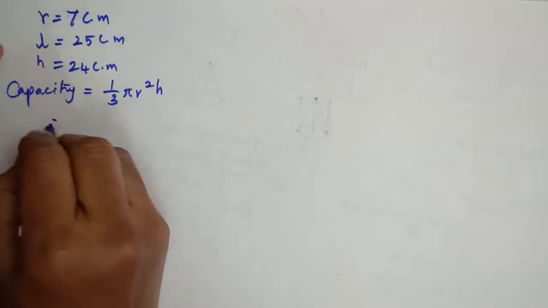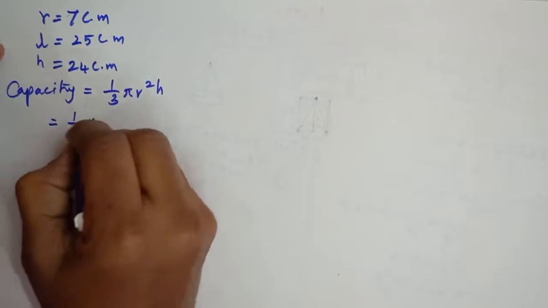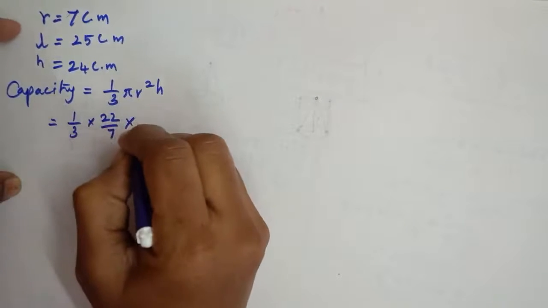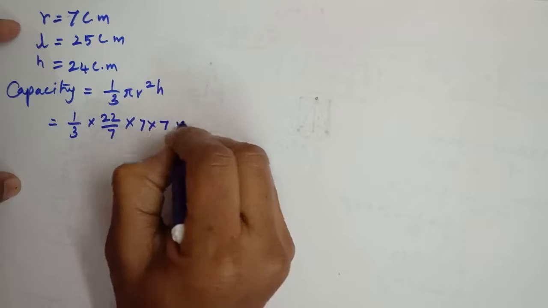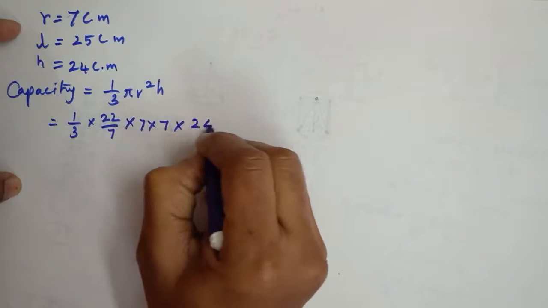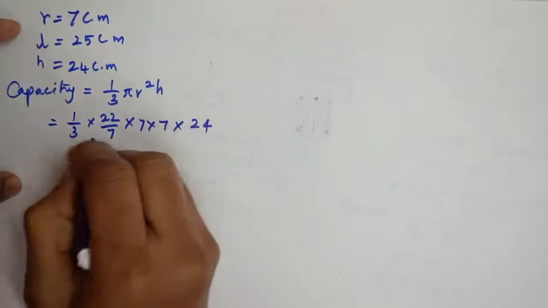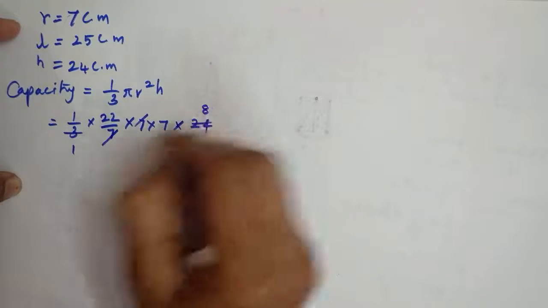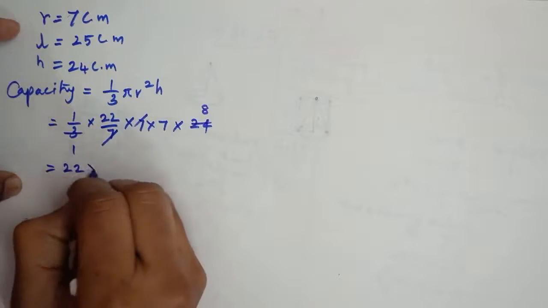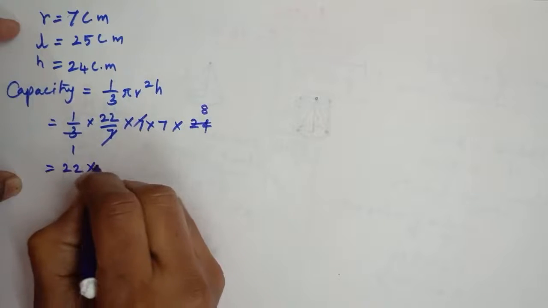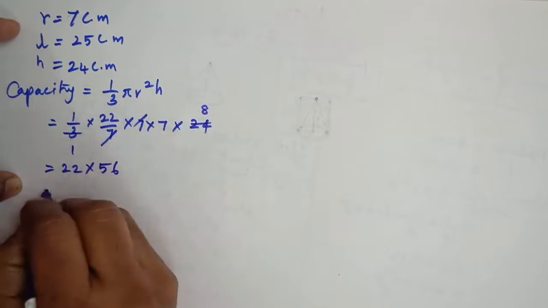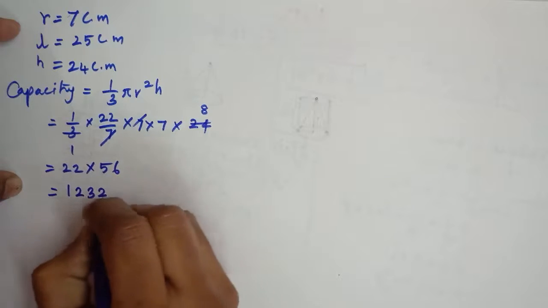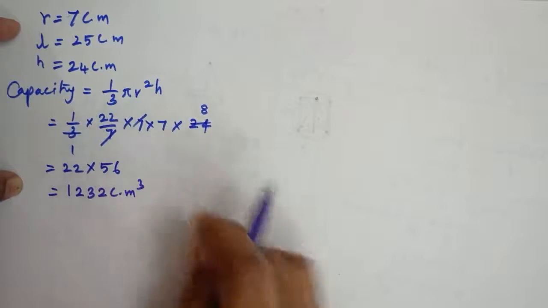So that is 1 by 3 into 22 by 7 into r, that is 7 into 7, h is equal to 24. Is it clear, students? Then 1 3s are 3, 8. So that is 22 into 8 7s are 56, which is equal to 1232 centimeter cube.